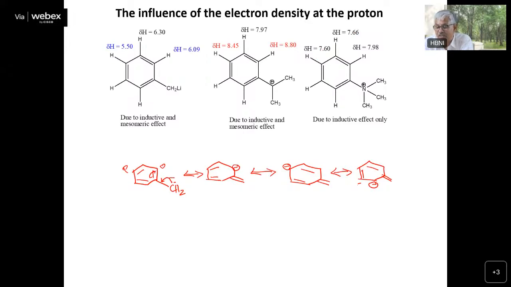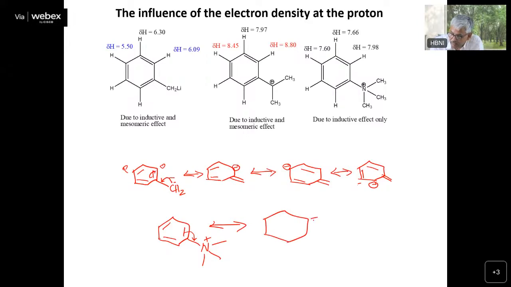Very close, because this nitrogen cannot undergo resonance. If you draw that resonance structure, it will be something which is not possible, because nitrogen cannot become pentavalent.